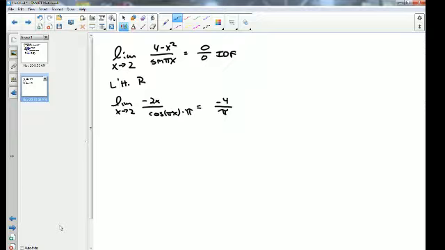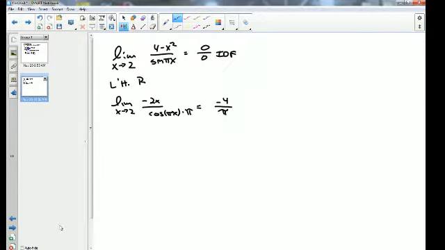How do you get to the pi? Plug 2 in. What's cosine at 2 pi? 1. So 1 times pi.